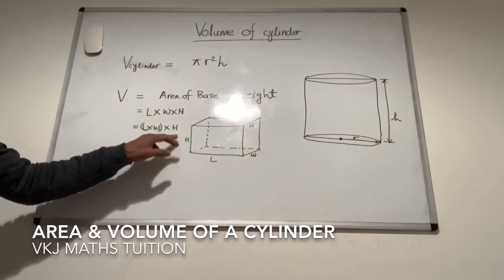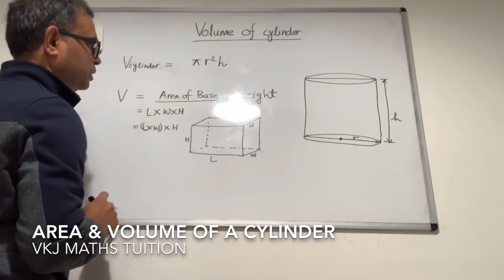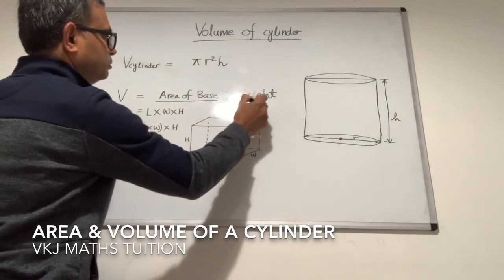So volume is the area of the base of a regular body times its height.